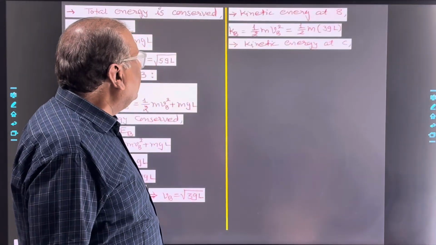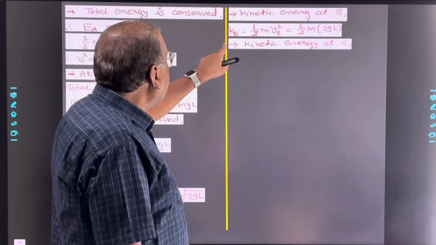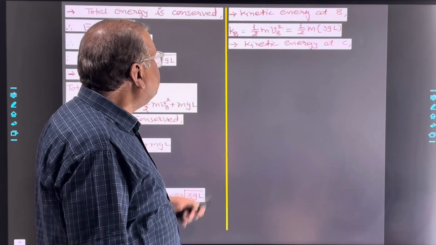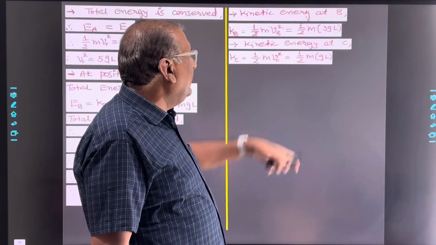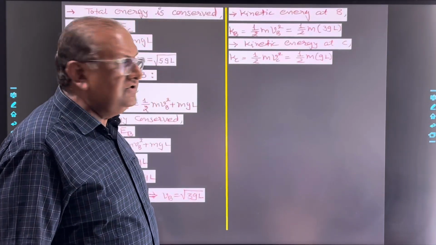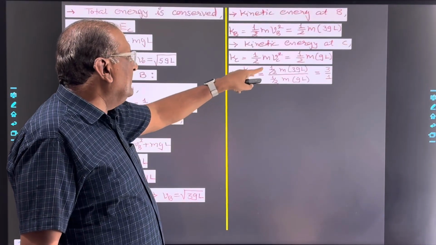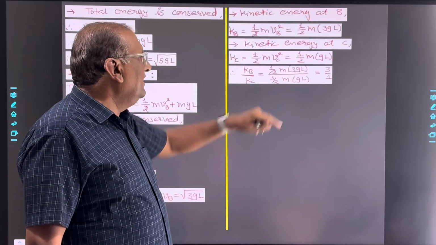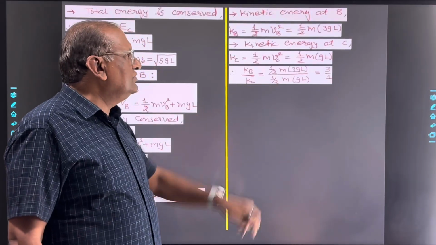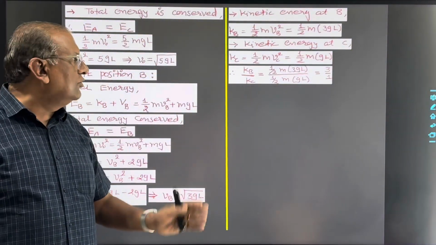Then kinetic energy at C is half m vc square, equal to half m into gL. Now take the ratio KB upon KC, that is half m into 3gL upon half m into gL. So this will be 3 raised to 1. Clear to all of you?